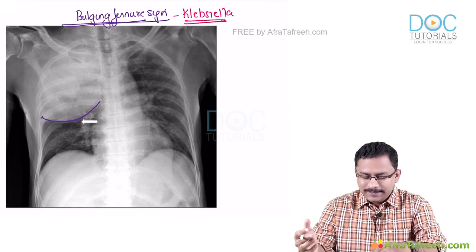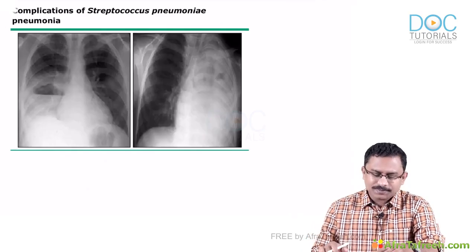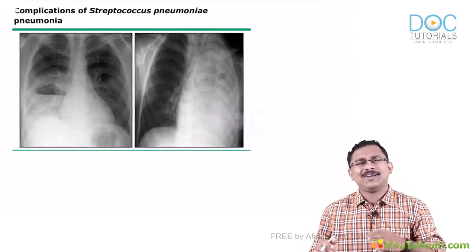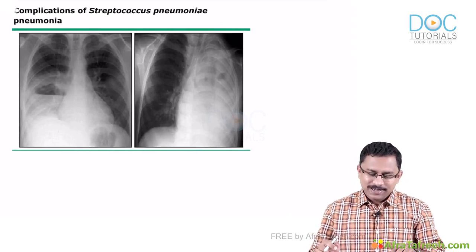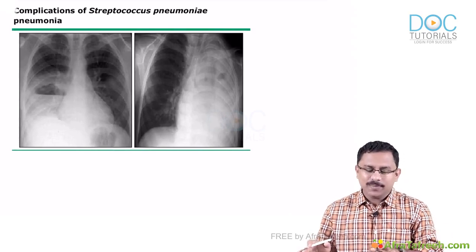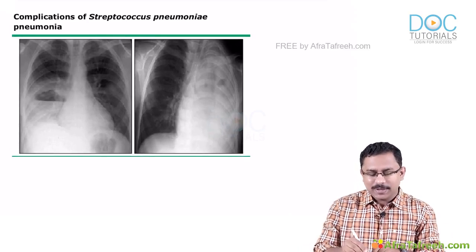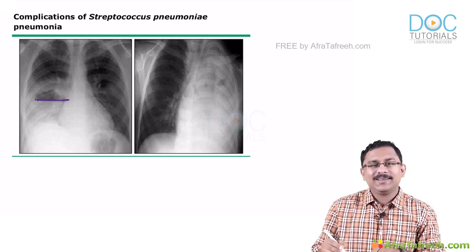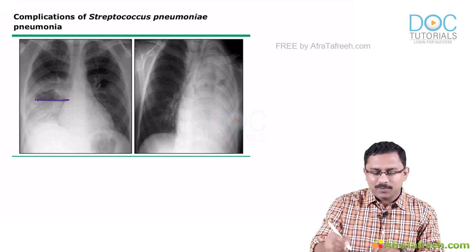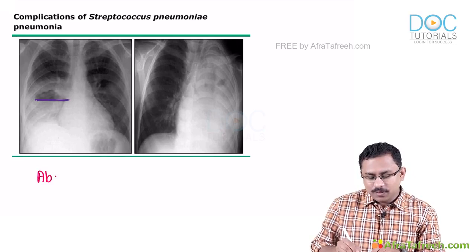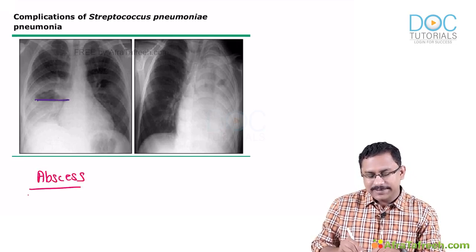Okay, all right. Now another patient. I told you pneumonia can go in for complications as well. So these are two complicated pneumonias. One here in which you can see the air fluid level. So this is a pneumonia which has, on top of the pneumonia, an abscess that has developed.